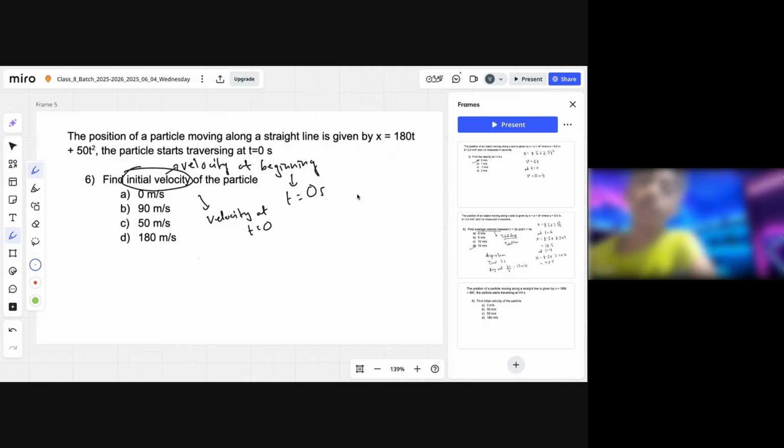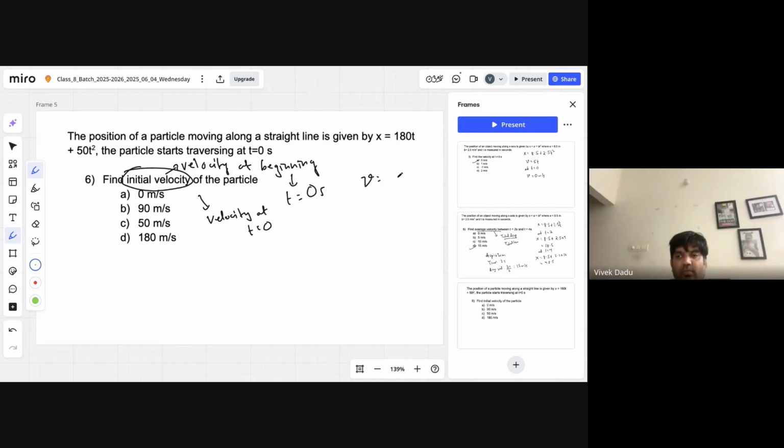So what is the relation? V equal to, when you solve it, it will come 180 plus 100t. Okay. So at t equal to 0, V will come out as 180.